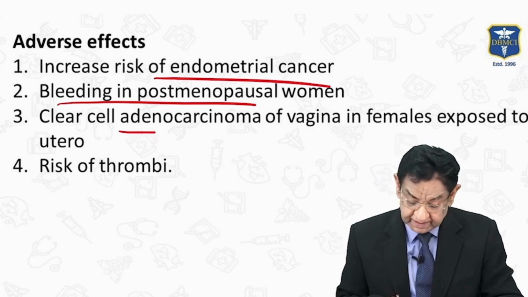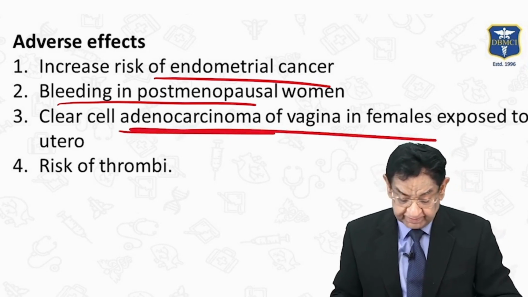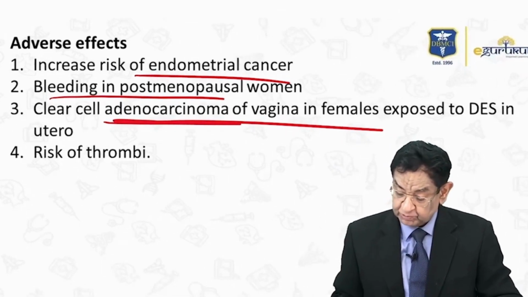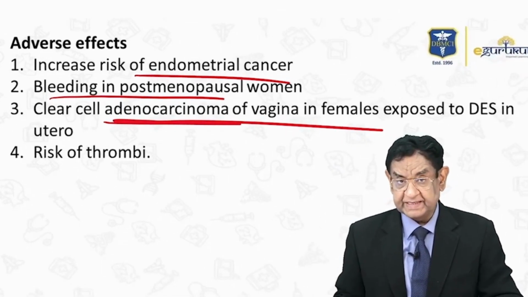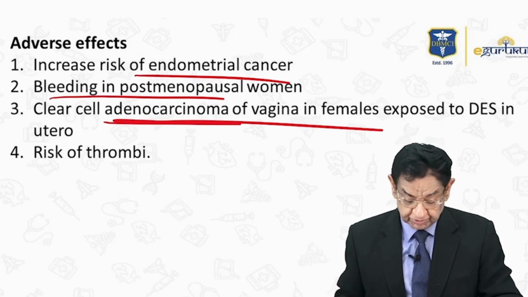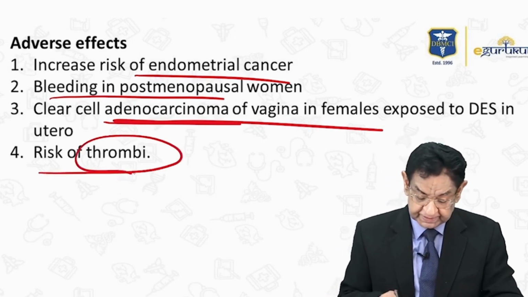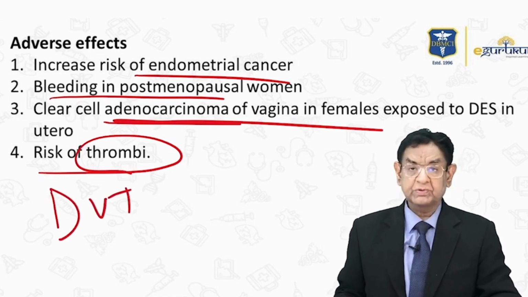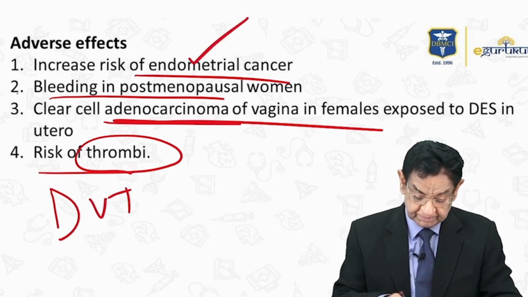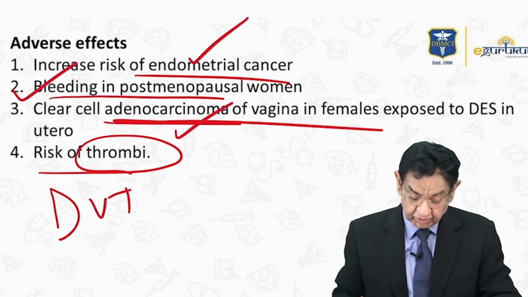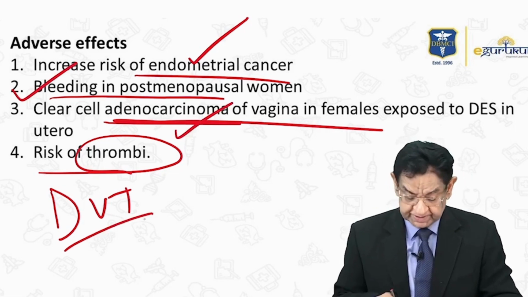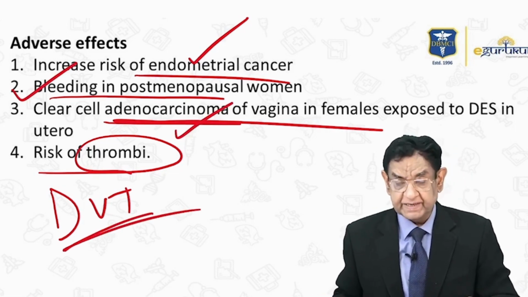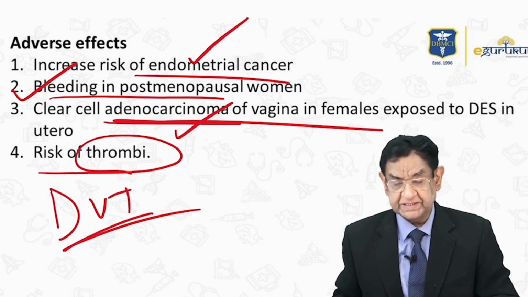Clear cell adenocarcinoma of the vagina in females exposed to DES in utero, and risk of thrombosis, especially deep vein thrombosis. So endometrial cancer, bleeding, adenocarcinoma, and risk of DVT are the big problems, a real matter of concern in these patients.